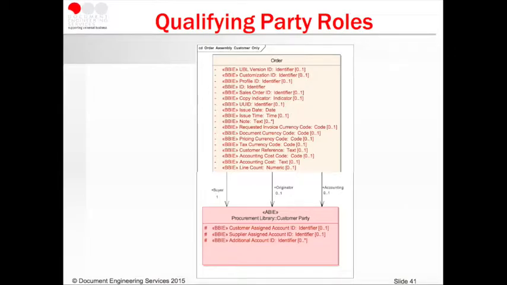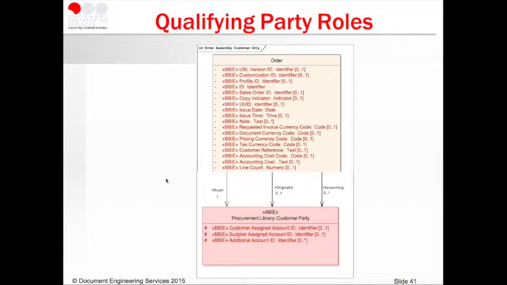The example I'll use here is in a purchase order where there are three types of customer. There is the buyer party customer, the originator, the person who actually originated the request, and the accounting customer party, the party who's actually going to organize the payments.